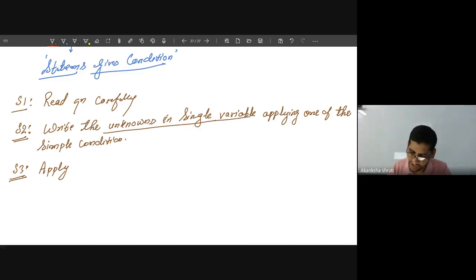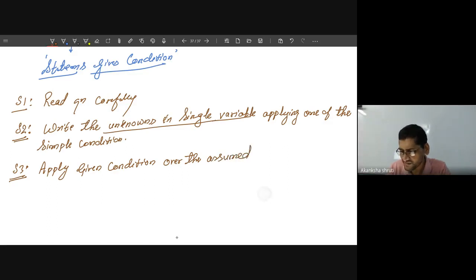Apply the given condition over the assumed variable. Here these are the variables assumed. So in this way you will get a quadratic equation.